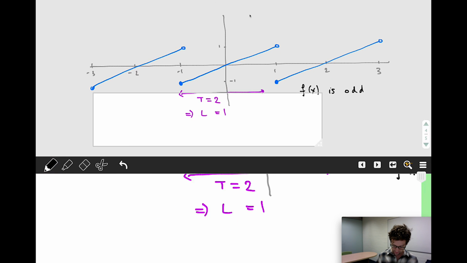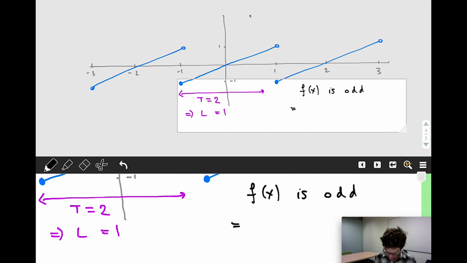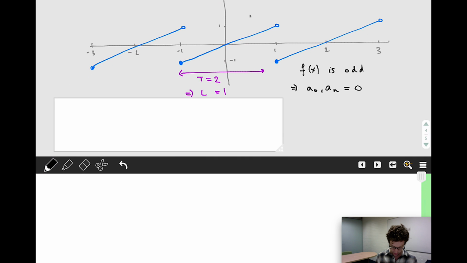That is, because f is an odd function, it means that the a_0 and the a_n will be equal to 0. And my Fourier series is only going to be expressed in terms of the b_n, that is, the coefficients of the sines.